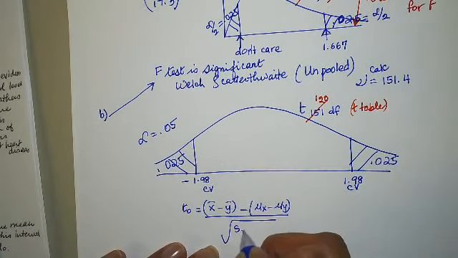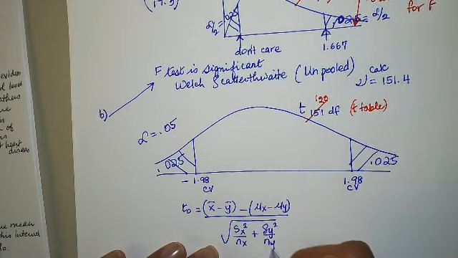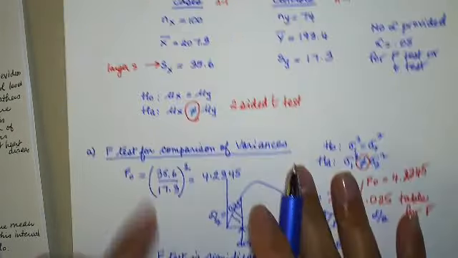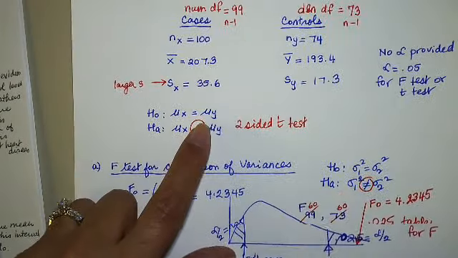So T naught equals x bar minus y bar minus (mu x minus mu y) over radical sx squared over nx plus sy squared over ny.